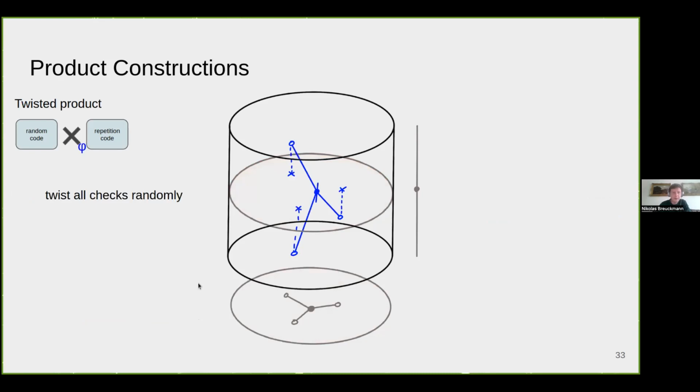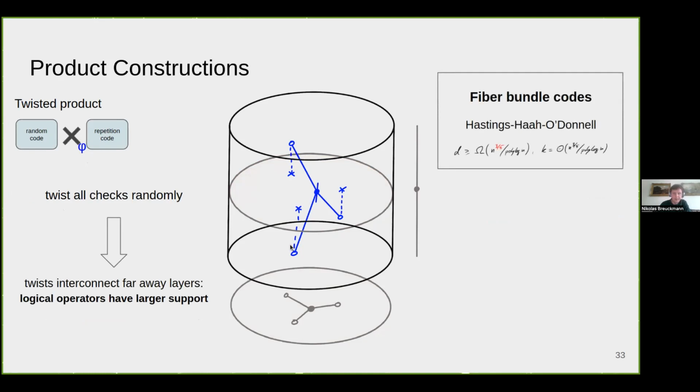So what Hastings, Haah and O'Donnell did was they twist all the checks randomly. Instead of connecting within one layer, they introduce this twisting function, which connects far away layers. They introduce this in the language of fiber bundles.